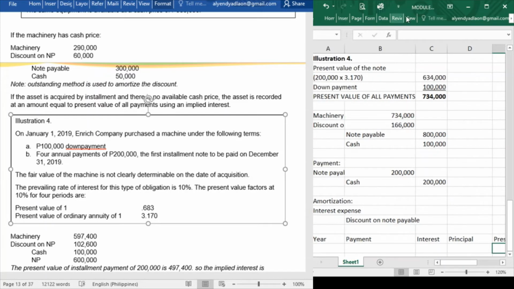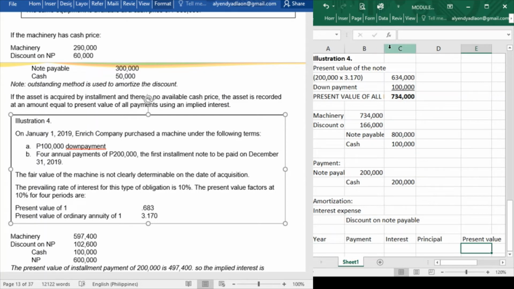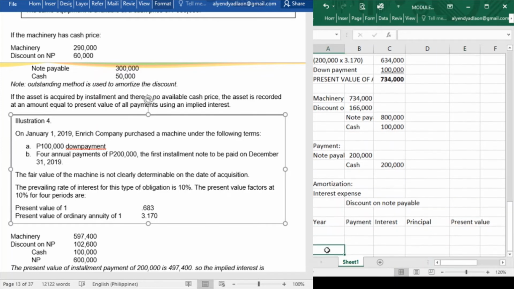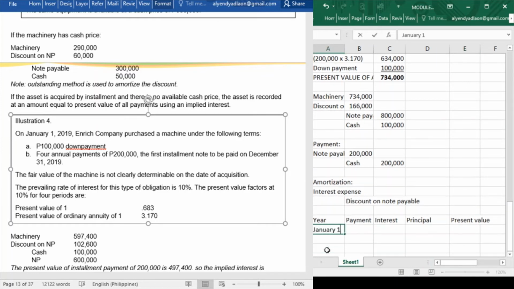Now let us see how much is our amortization of the interest expense. Let's start with January 1. On January 1, that is still the time of acquisition, so the present value is 634,000.